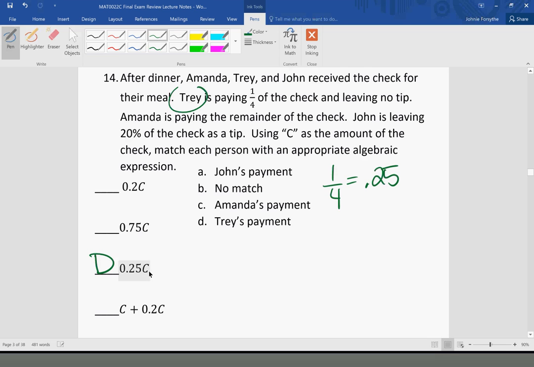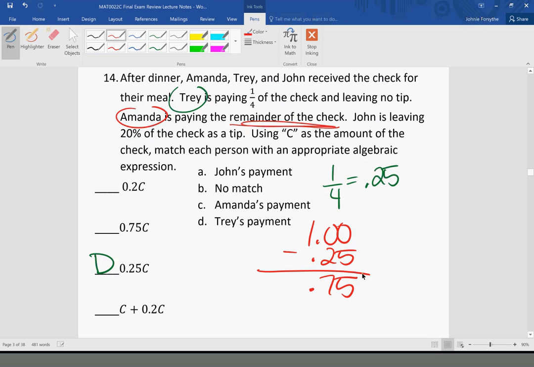So Trey would be 0.25 times C. And he's leaving no tip. Amanda is paying the remainder of the check. So if he is paying 0.25 of the check, 1 minus 0.25 equals 0.75. So Amanda's paying 0.75 times the check. So that would be Amanda.